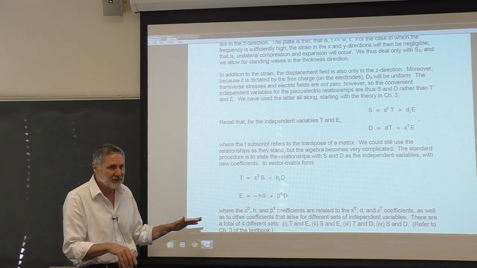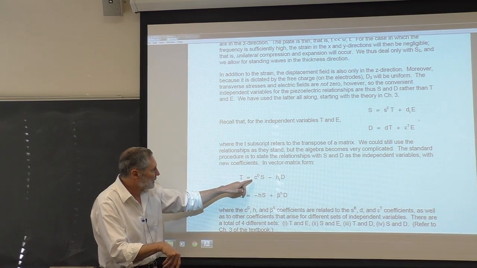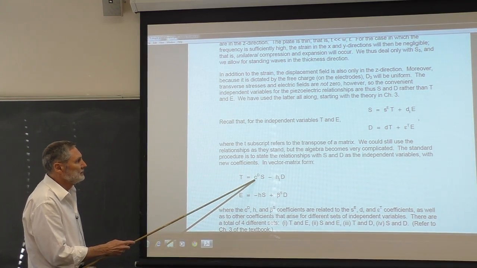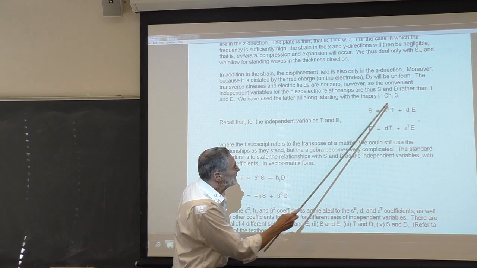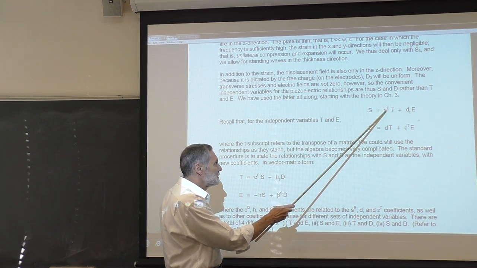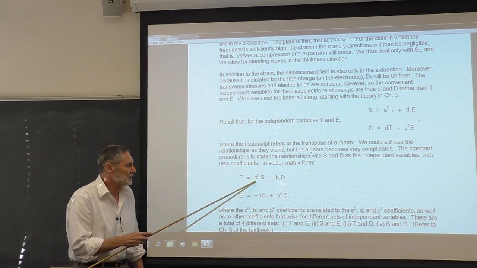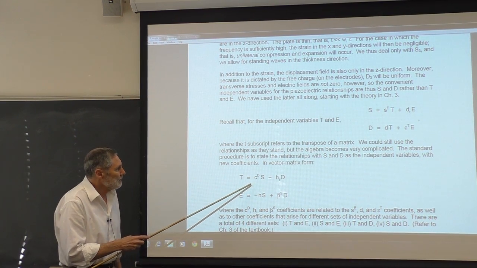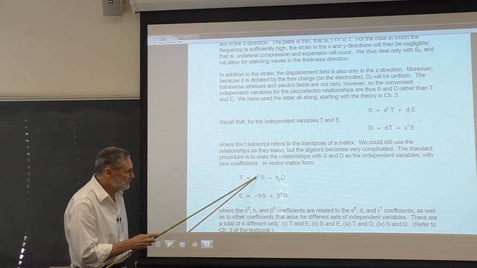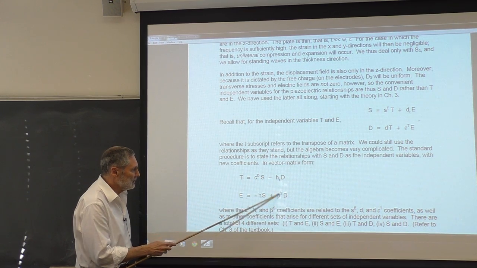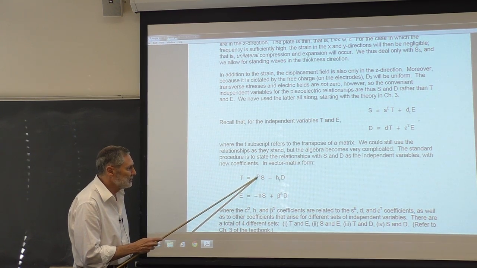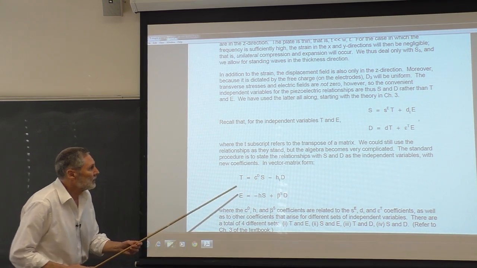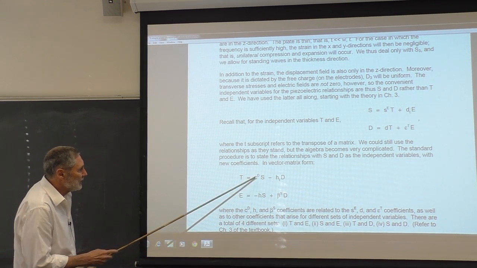There's no new physics. But for convenience, we're going to call this, you can see that because we flipped this, instead of dealing with a compliance matrix, we now deal with a stiffness matrix. It's like a spring constant. And because D is the independent variable here, it's for constant or zero D, those values.